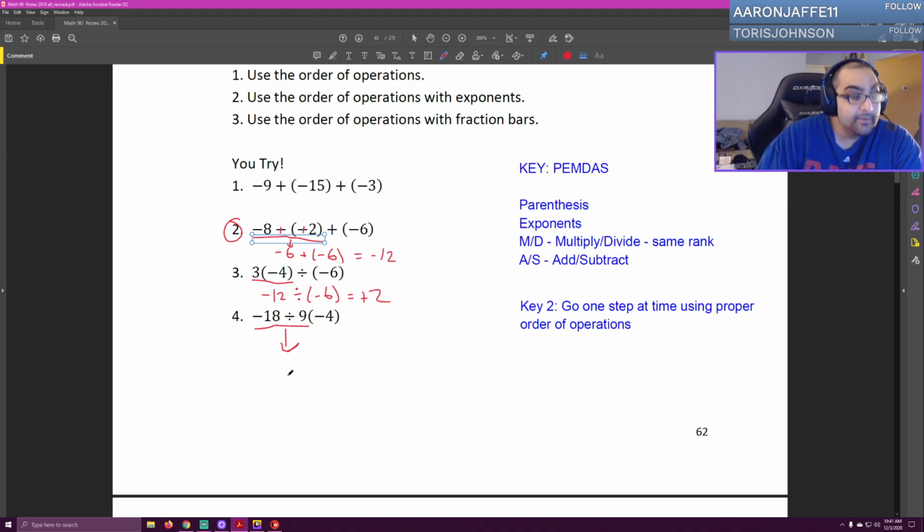Okay, but here let's go from left to right. We get negative 18 divided by 9. All right, and what do we get there? What's negative 18 divided by 9?